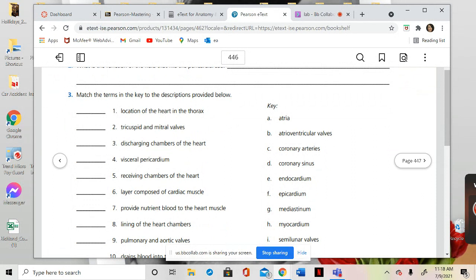This one, visceral pericardium, is called also epicardium.